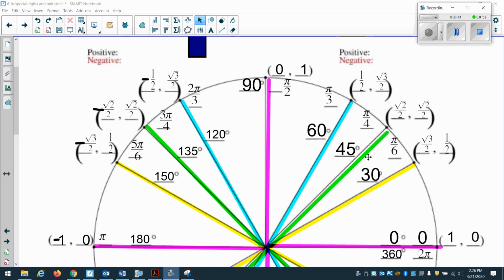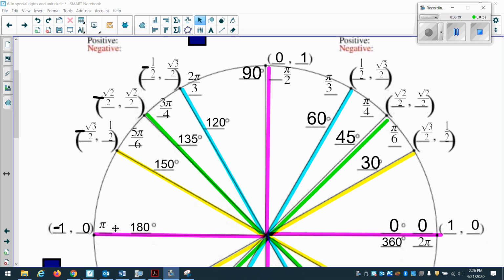Okay, so looking at 30 degrees, every 30 degrees, you're adding 1/6. So we have pi over 6, then we have 2 pi over 6, which reduces to pi over 3. Then we have 3 pi over 6, which reduces to pi over 2. Then 4 pi over 6 reduces to 2 pi over 3. 5 pi over 6.